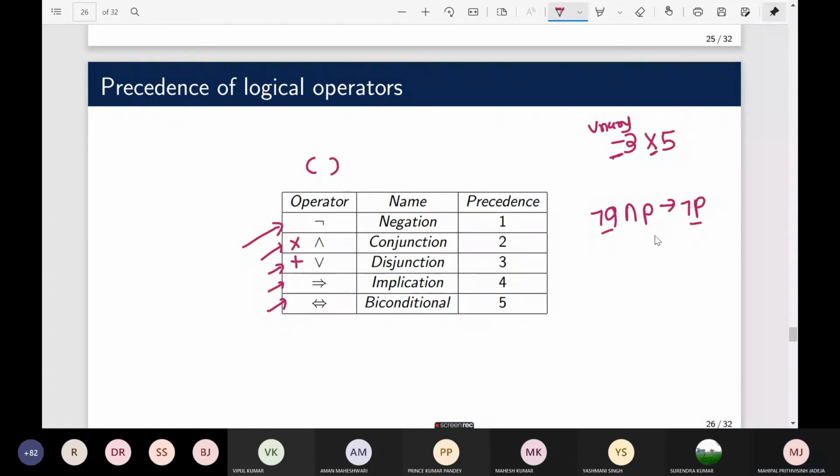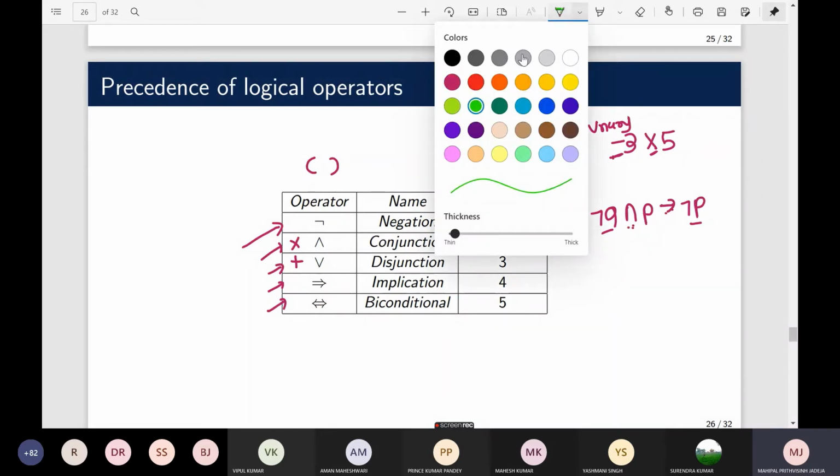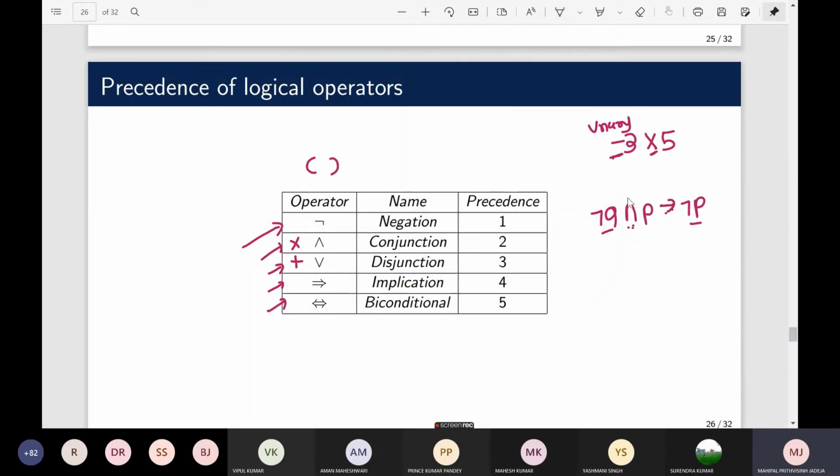Then we need to compare the remaining two operators, conjunction and implication. Between these two, the winner is conjunction.